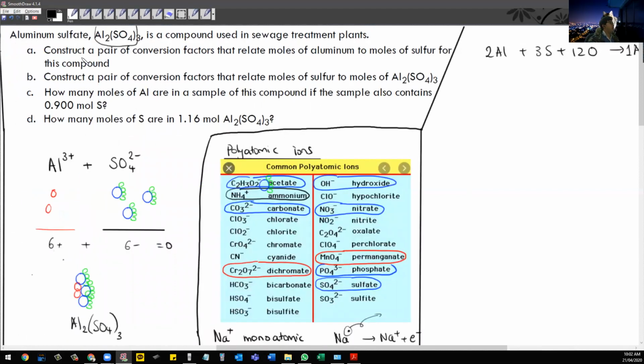So A was about pair conversion factor between moles of aluminium and moles of sulfur. So that was just 2Al over 3S, or 3S over 2Al. Make sense? B, construct a pair conversion factor that relates the moles of sulfur to the moles of this whole thing.